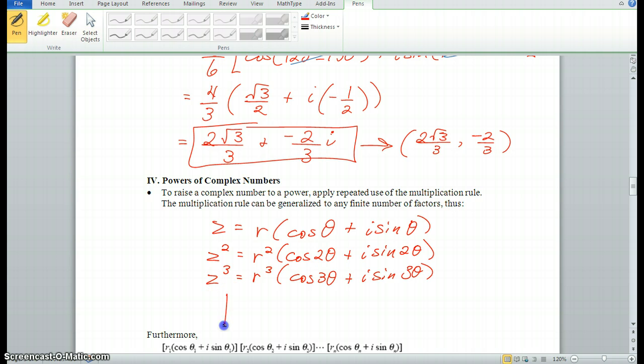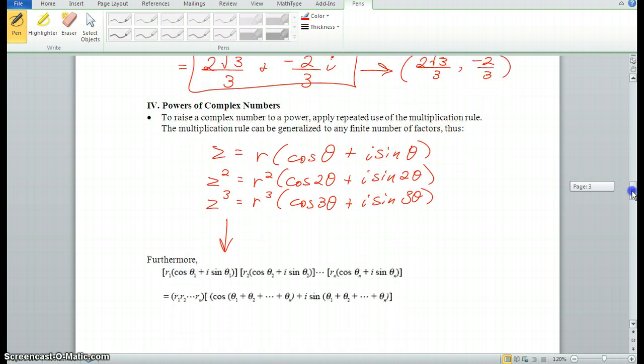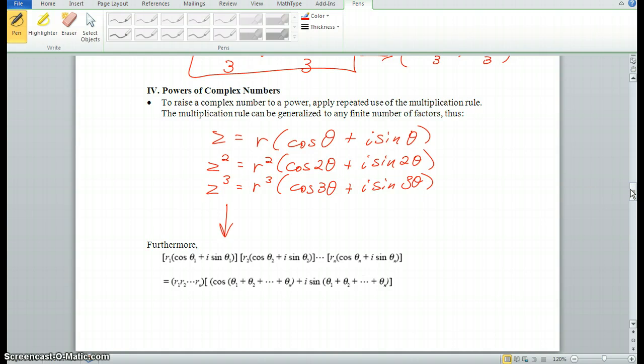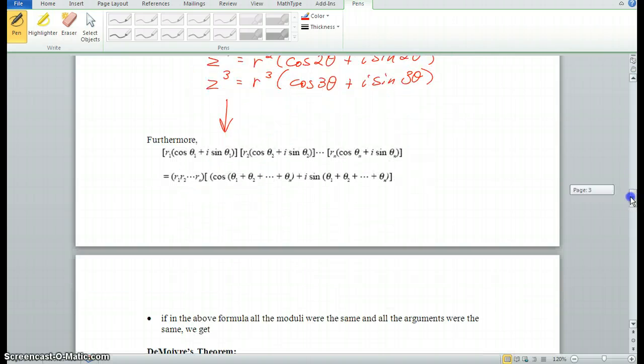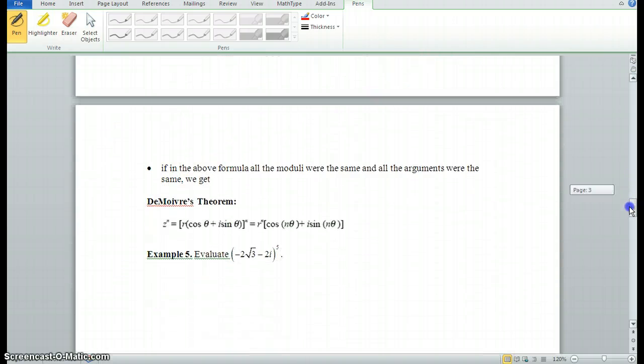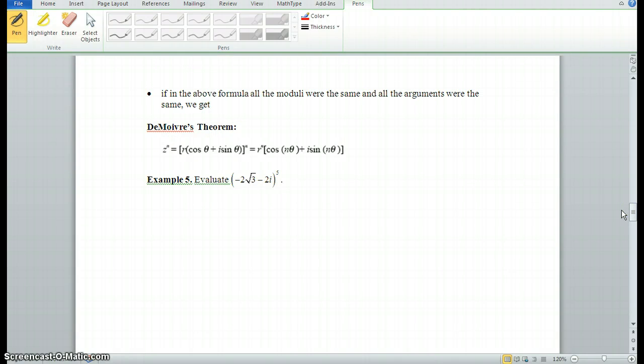And the pattern continues until you see, in the next instance, furthermore, r sub 1 times cosine theta sub 1 plus i sine theta sub 1 times r sub 2 cosine theta sub 2 plus i sine theta sub 2, which leads to this expression, an n number of complex numbers essentially multiplied, factoring out r1, r2 all the way to rn, leads to this quantity. And we move forward to the next page.